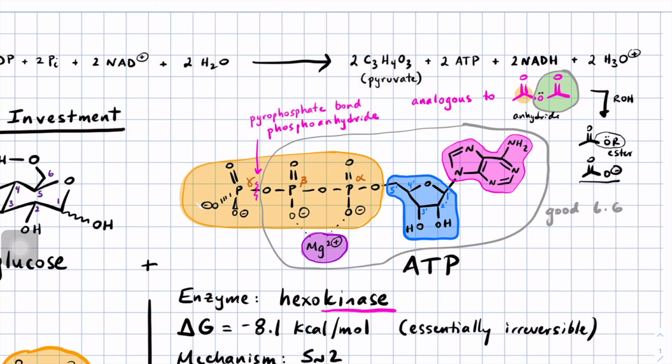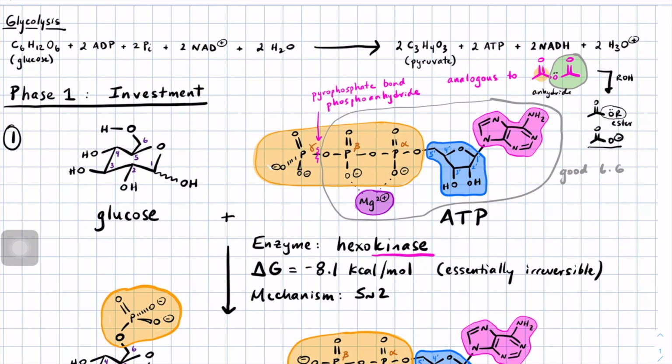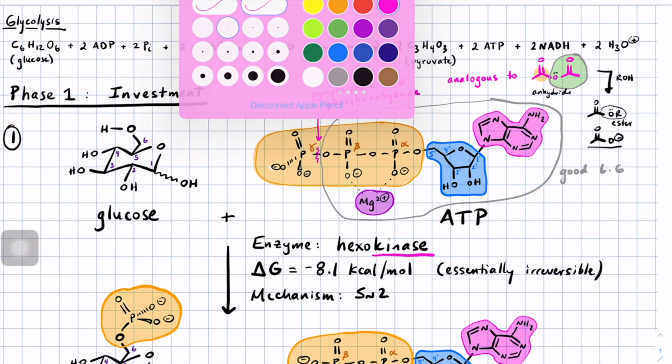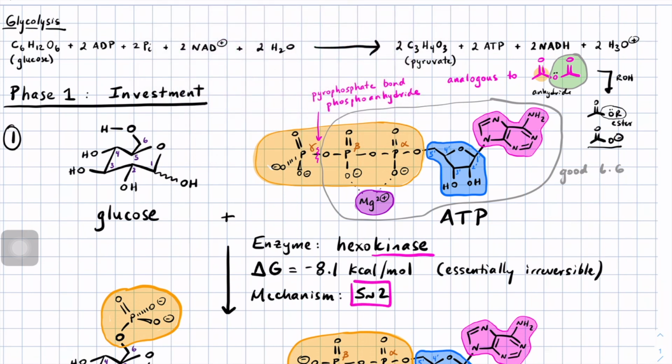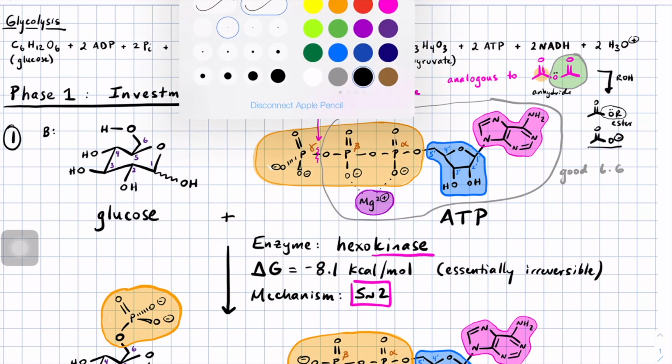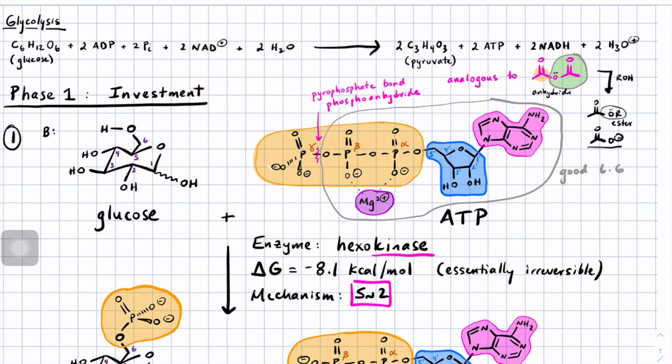So as we discussed last time, the mechanism for transfer of a phosphate group is going to be basically SN2-like. We're going to show the oxygen on carbon 6 attacking the gamma phosphoryl group, and we'll see the leaving group leaving. We probably need to have a base remove a proton from that C6 hydroxyl group, whether that's from the enzyme or solvent, and whether it happens before, during, or after attack, we don't really care about at this point.